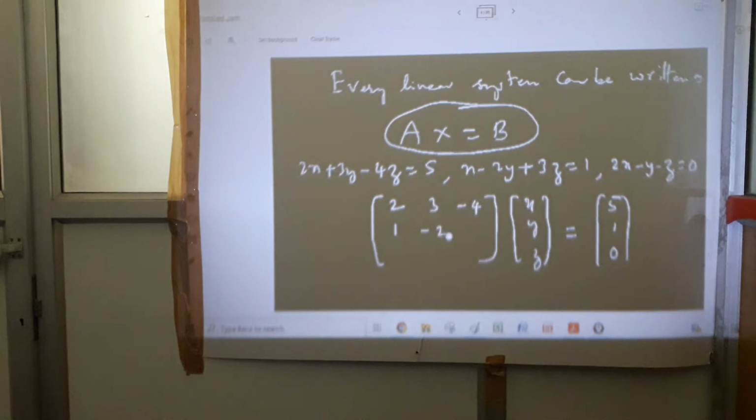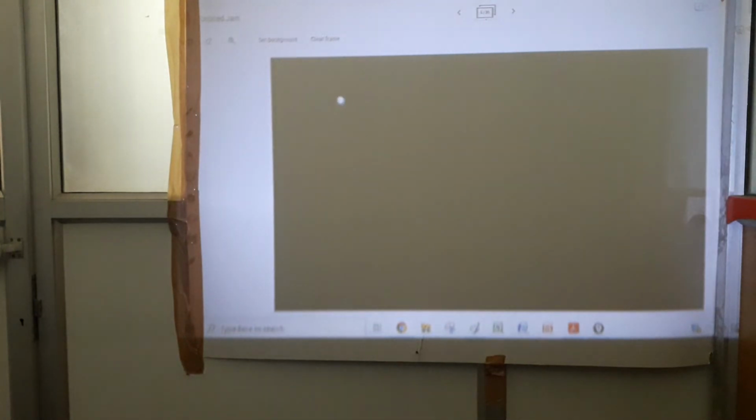If you get a doubt, immediately ask. Okay, 2, minus 1, minus 1. At any time if you have a doubt, immediately stop me and ask, right? So these 3 equations are converted into a single matrix equation. It's looking like Ax equal to B. Now to decide whether the system has a solution or not, and if it is having a solution, how many solutions there will be, all that will be discussed depending upon the rank of these matrices.